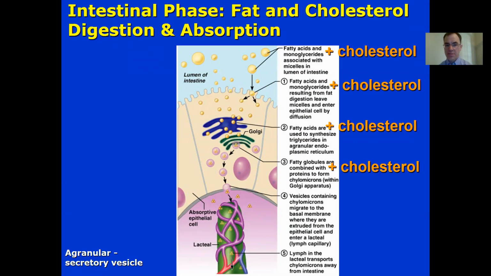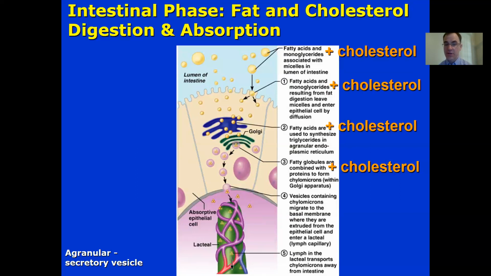There, a protein coat, represented by the purple, is wrapped around the triglyceride. At this point, what has formed is what's called a chylomicron. The chylomicron is very important because it is the lipoprotein that contains the triglycerides from the food that we eat.